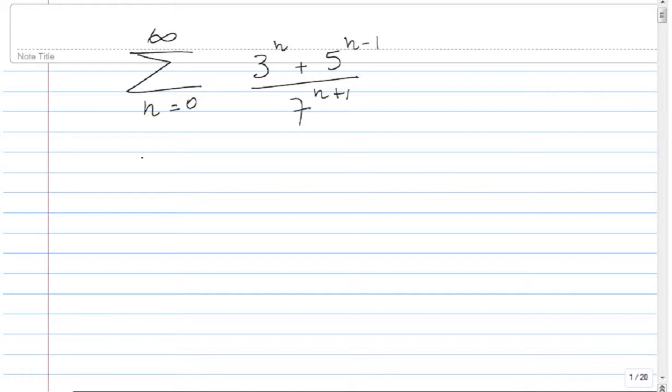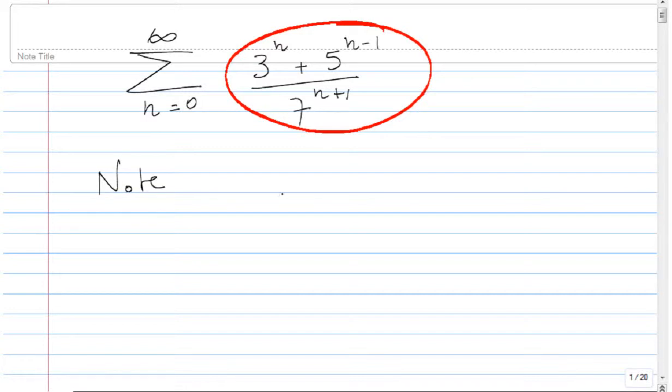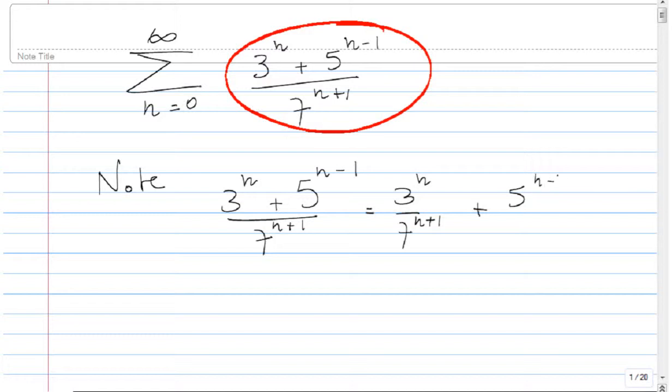the algebra part. So we have to play a little bit with this term before we jump to the series, okay? So first note that (3 to the power n plus 5 to the power n minus 1) over 7 to the power n plus 1 is equal to 3 to the power n over 7 to the power n plus 1, plus 5 to the power n minus 1 over 7 to the power n plus 1.